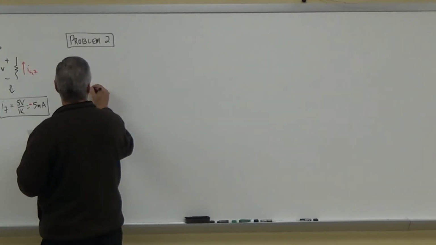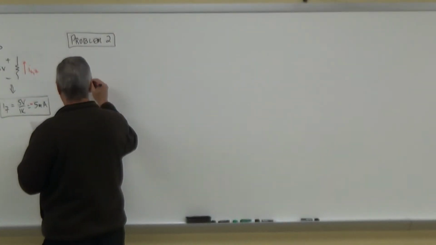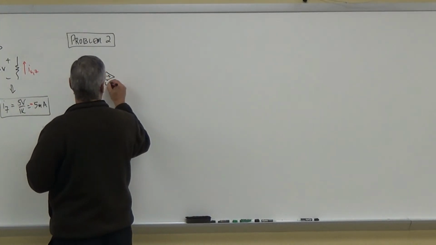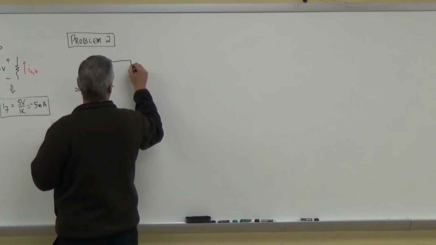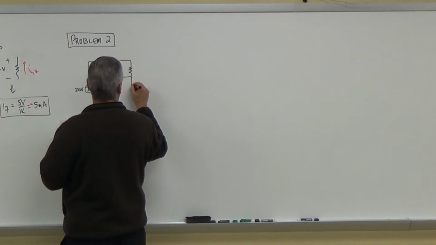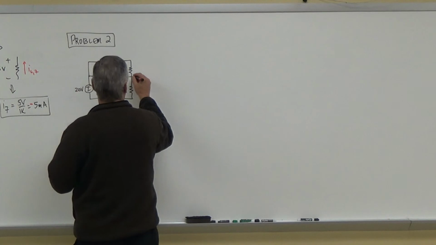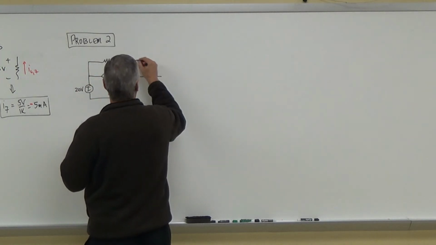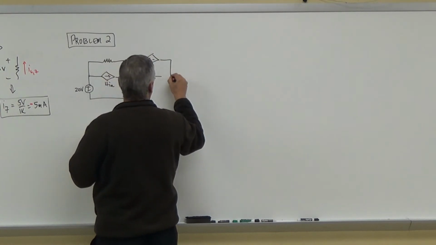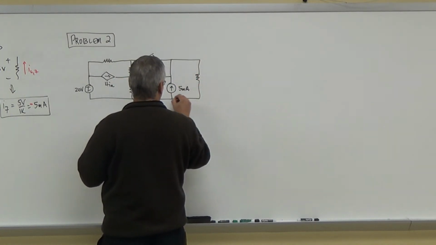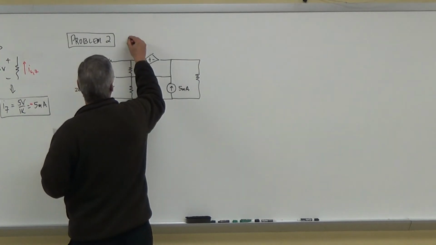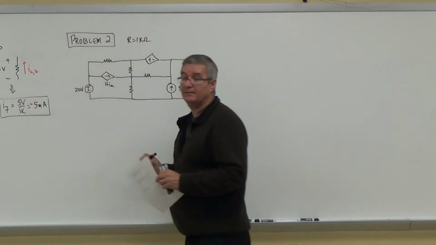So we have this circuit. Look, all resistors again are 1K.